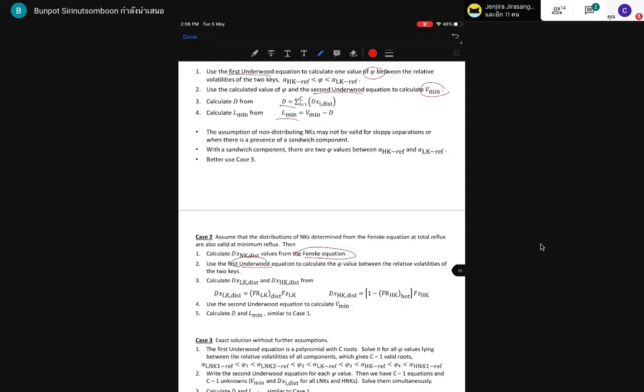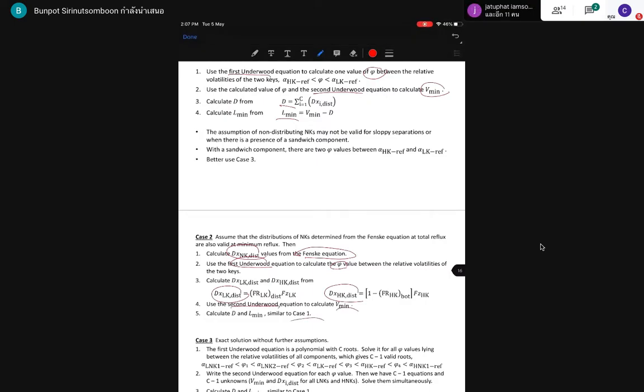You use the Fenske equation to find the x values for the light key and heavy key, then use the first Underwood equation to find phi, and then use the second Underwood equation to find V min, and then do the same as case one.